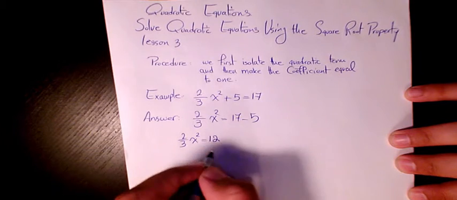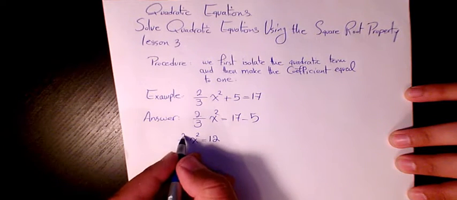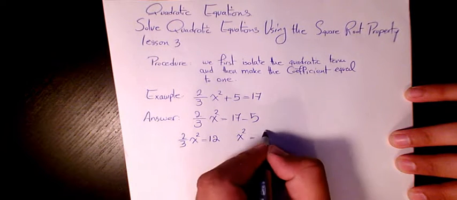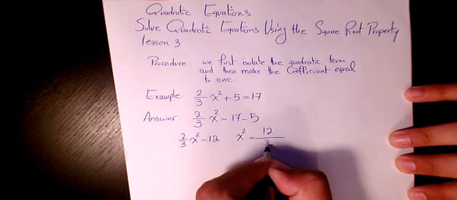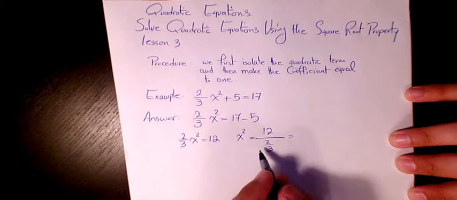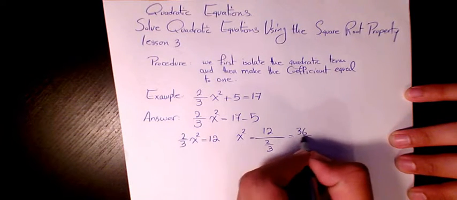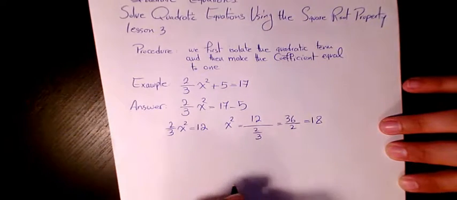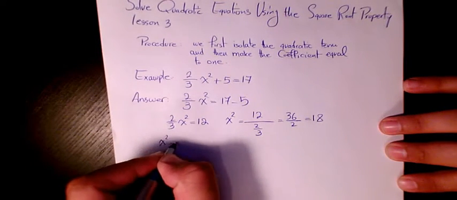And then we can divide both sides by 2/3. So it's going to be x squared equals 12 divided by 2/3, which will be 36 divided by 2, or 18. So x squared is equal to 18.